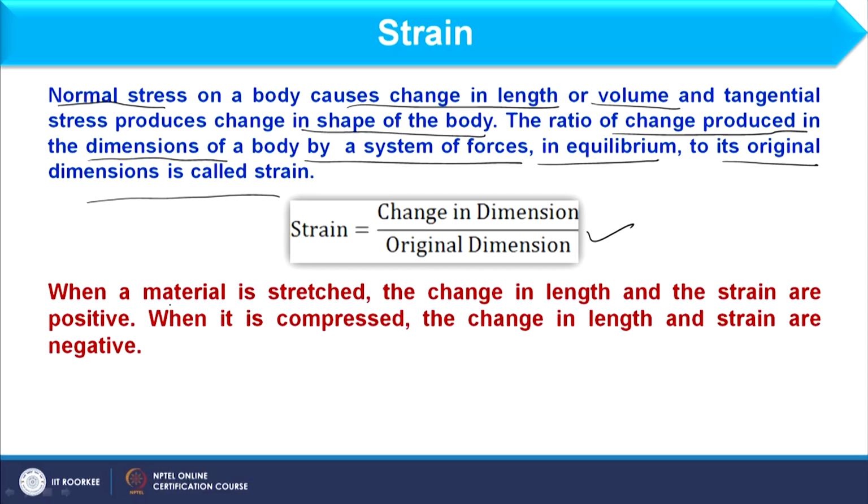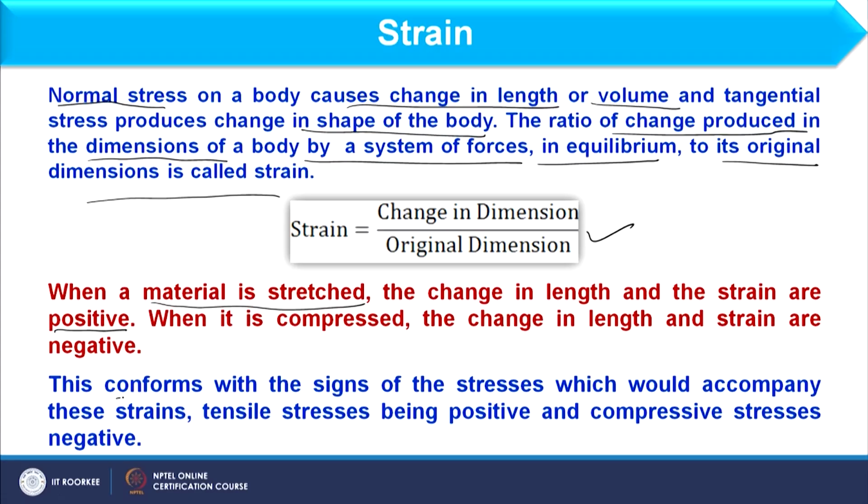When the material is stretched, the change in length and strain are positive. When we are pulling or stretching any object, the change is positive. How is that change computed? Final length minus initial length.